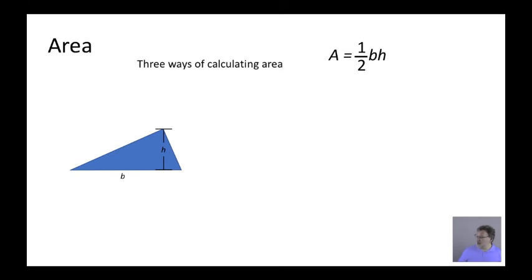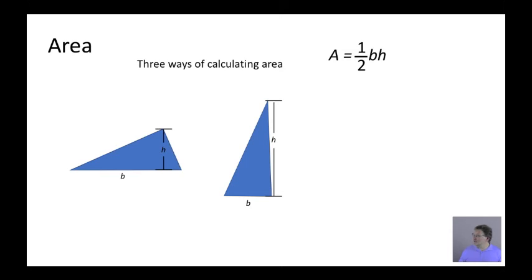We can turn the triangle on another one of its sides. I'm rotating it clockwise there, so that that smallest side is now the side that it's sitting on. So we have a different base and a different height. It doesn't look like we should get the same answer when we take 1/2 of multiplying those two things together, but as it turns out, we do.